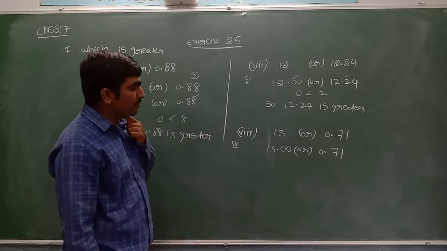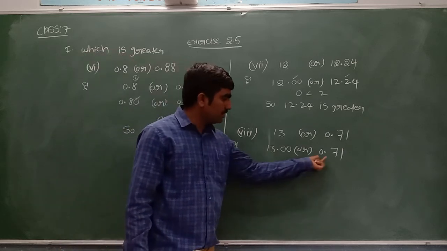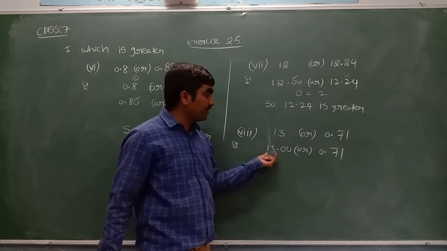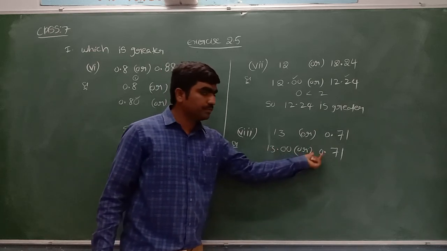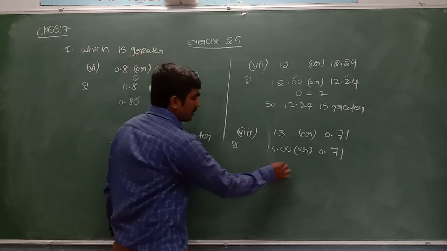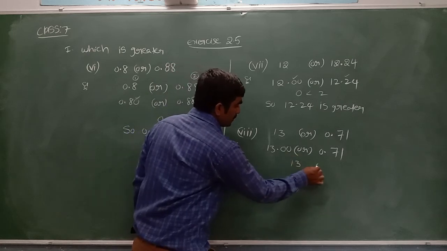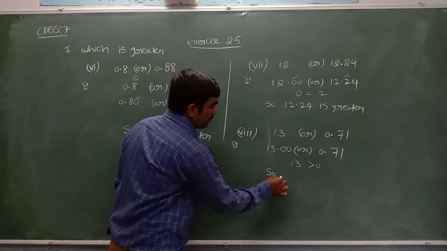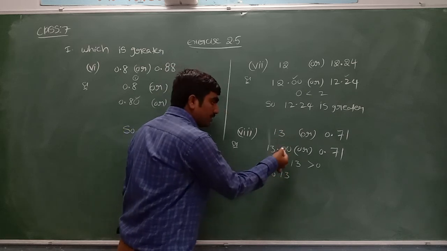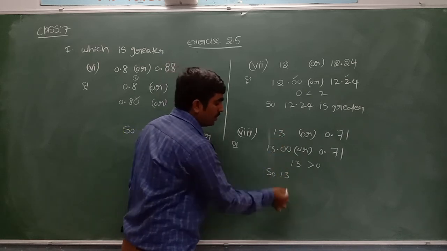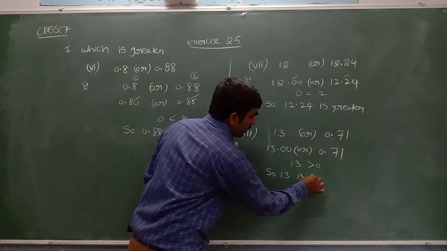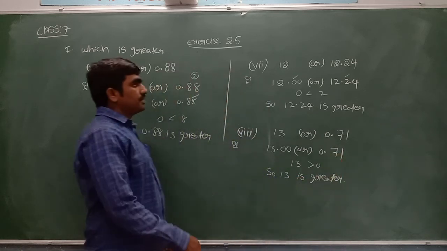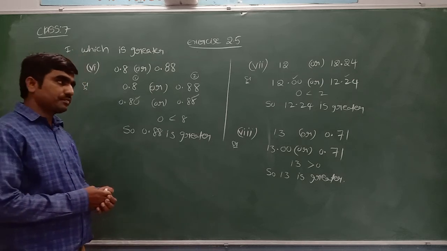First we compare the whole number part. 13 and 0. In the whole number part itself, we can identify the greater and smaller. 13 and 0: 0 is smaller, 13 is greater. So the given 13, or 13.00, both are the same. 13 is greater. That is the way we need to identify the greater.